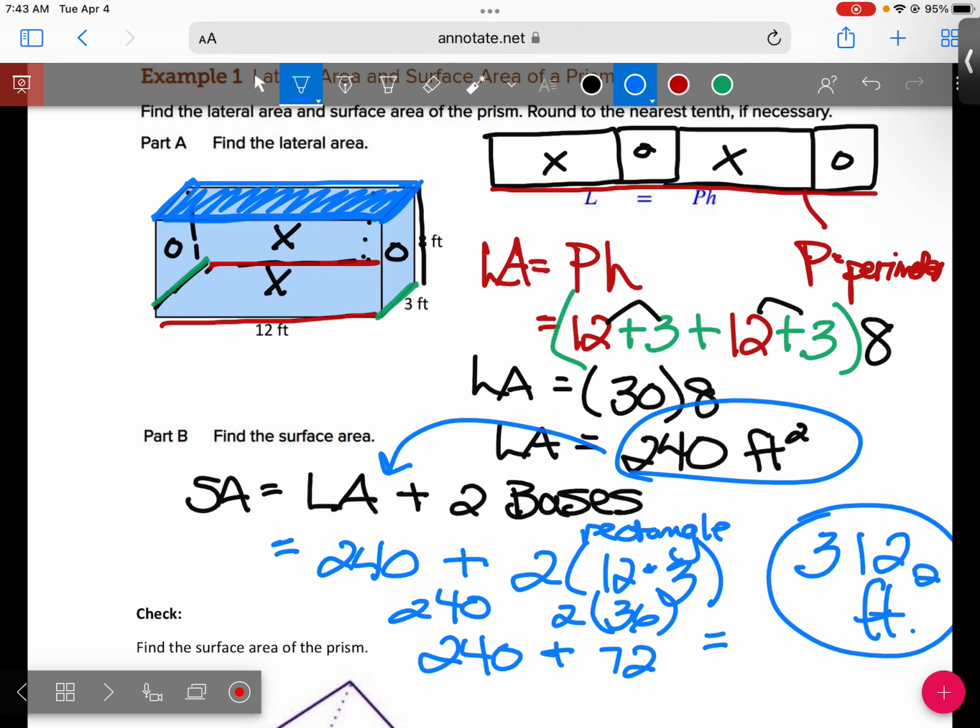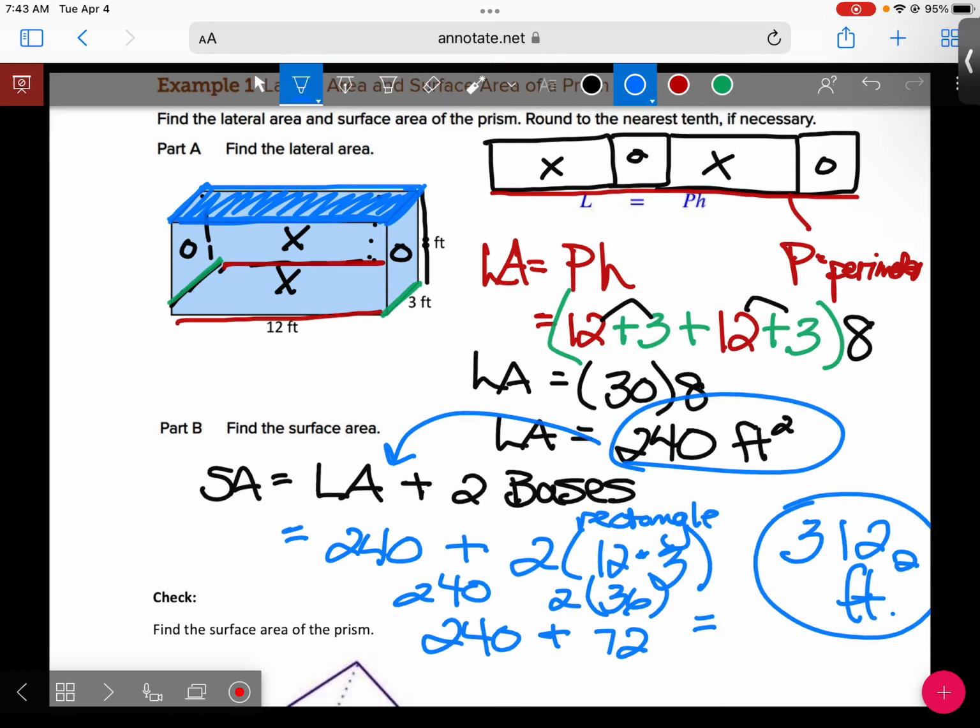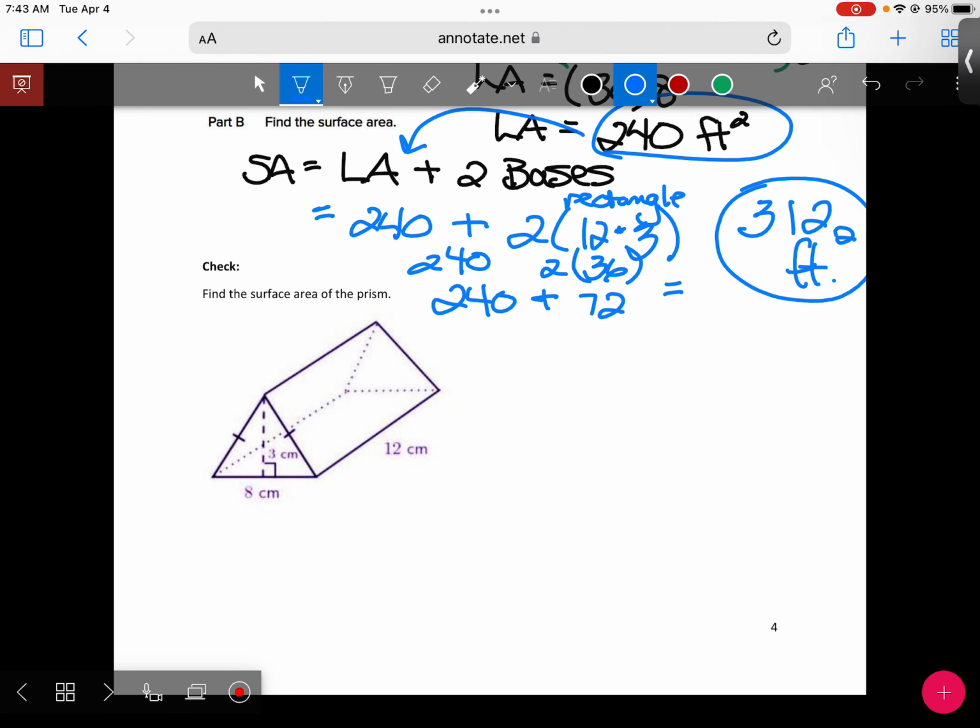Okay? All right. Let's take a look at this one on the bottom. If you look at it, it's got a triangle on two ends, and then what's the shape on the sides? What are those shapes? Rectangles, yeah.